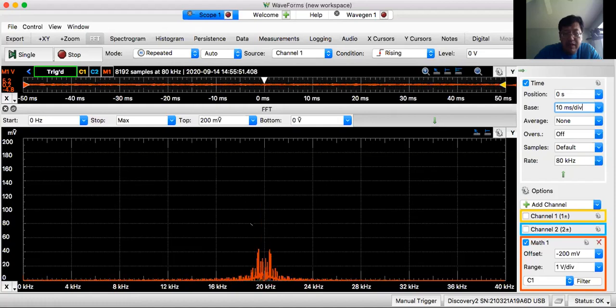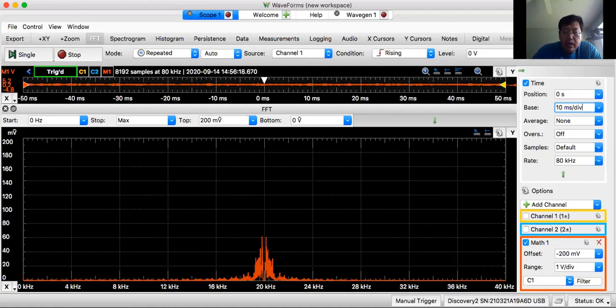So DSB is the same bandwidth as AM. AM is 10K bandwidth. DSB is 10K bandwidth, starting from 5 below and 5 above. So the SSB only needs 5K. So half the bandwidth. That's another advantage. With SSB, you can double the amount of channels.